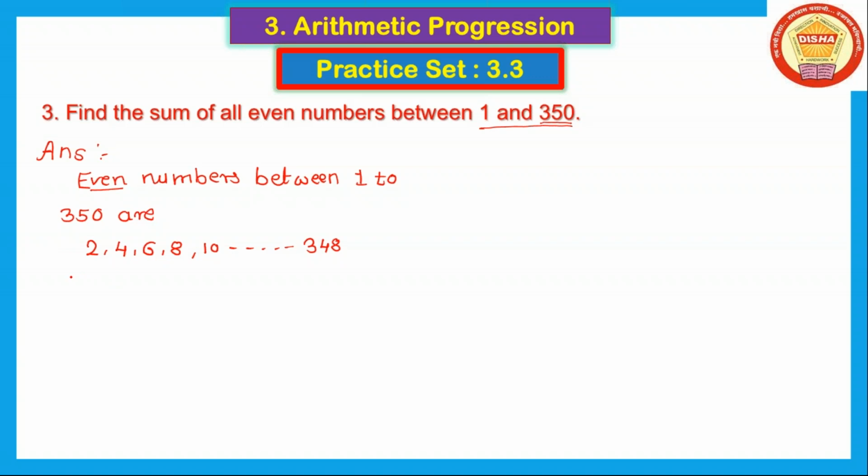From this AP we write the terms which are necessary here. A is equal to 2, D is equal to again 2, and the last term, that is Tn, is 348.